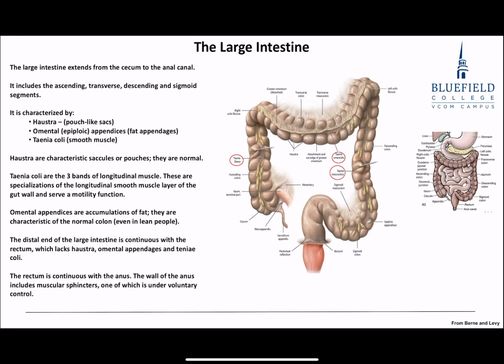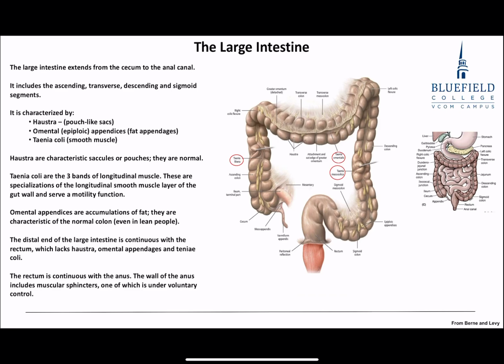So the rectum is going to pass through an opening in the pelvic diaphragm and lead into the anal canal, and muscles in the diaphragm and also in the wall of the anus will relax to allow the movement of feces to the exterior.